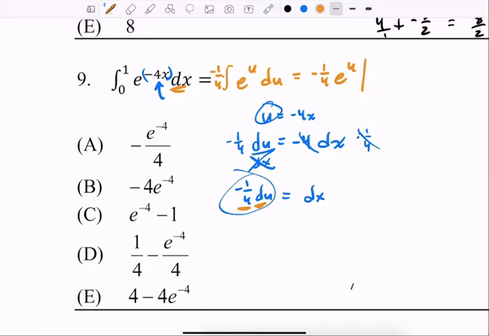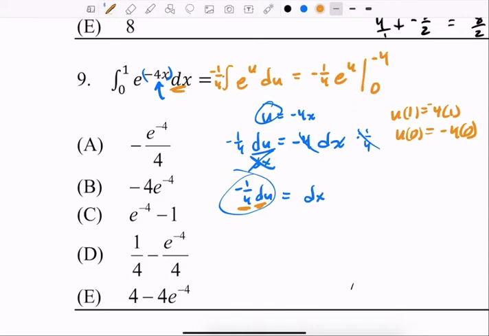You could take the x numbers and change them into u's by plugging them into this equation right here. If I were to plug 1 into this, it'd be negative 4 times 1. And so the 1 would become a negative 4. And then I would plug 0 into this, and I had negative 4 times 0, which is 0. So now these are u values, which I can easily plug into the u.